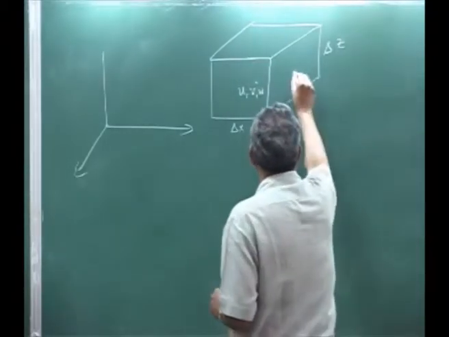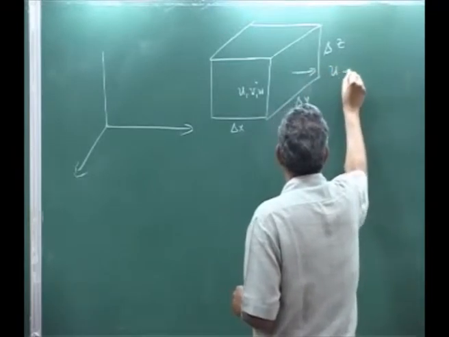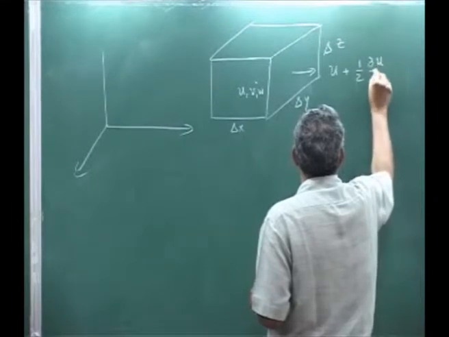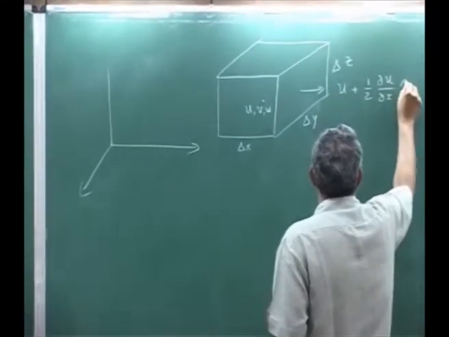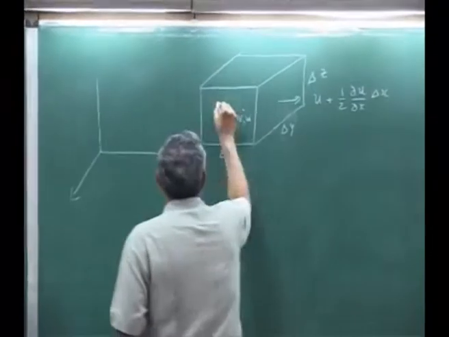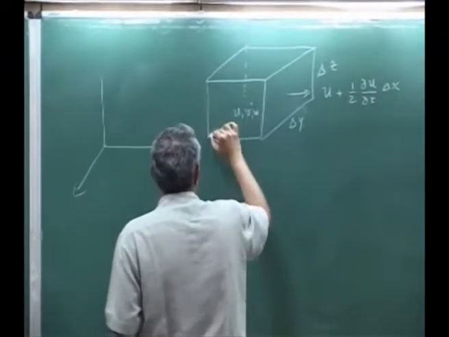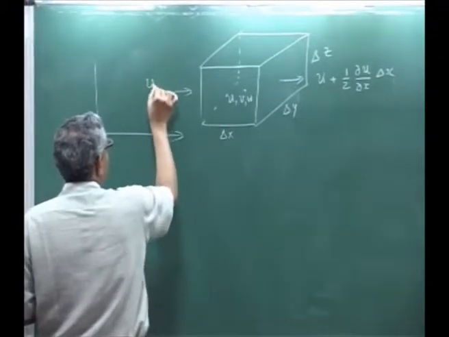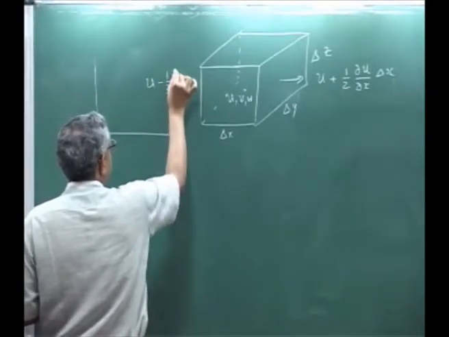Okay, the velocity here, you write it as u plus half delta u by delta x, and on the back face, because this is at the center point, on the back face you will have u minus half delta u by delta x.